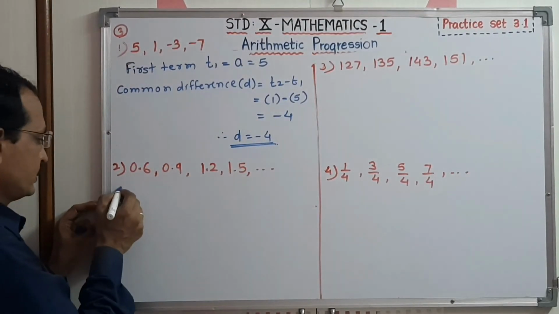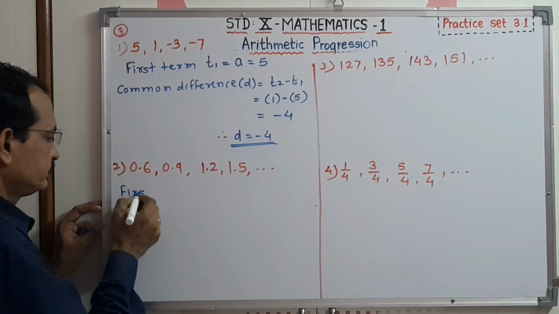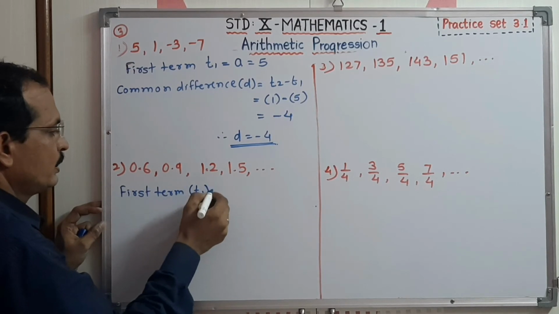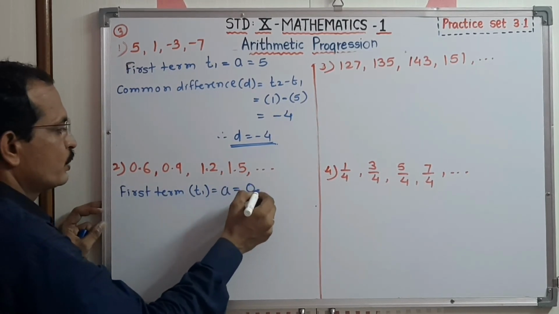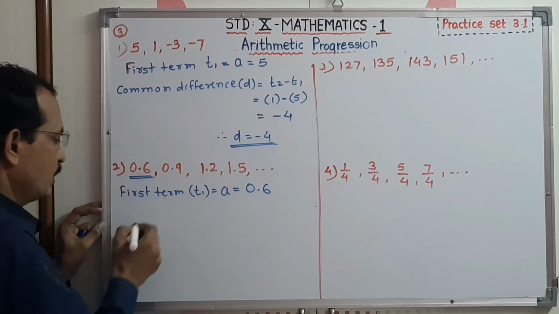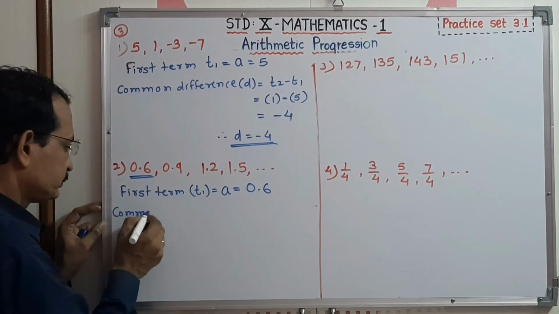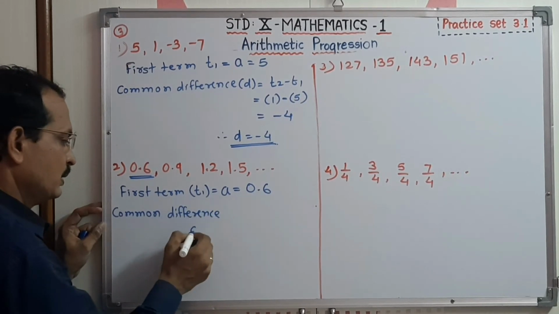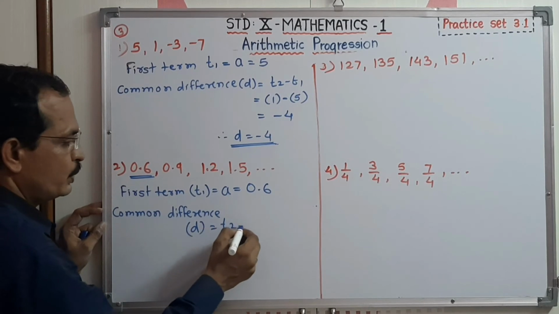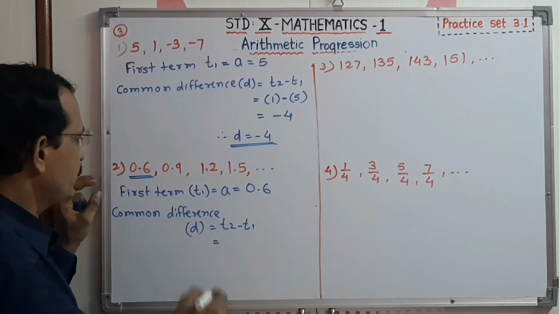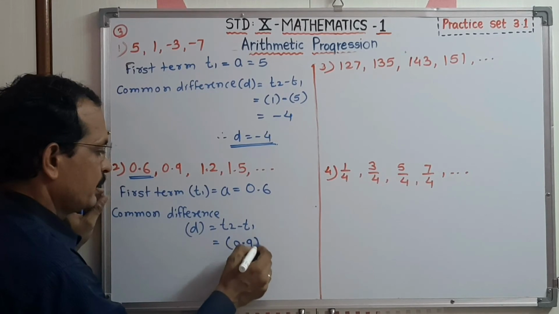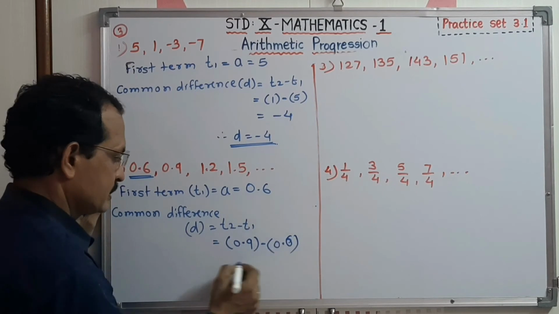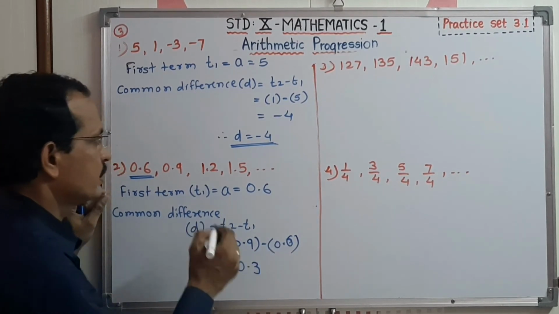Now see the next. First term, T1 is equal to A is equal to 0.6. Now we have to find out common difference. D is equal to T2 minus T1. Now T2, it is 0.9 minus 0.6. It is 0.3.